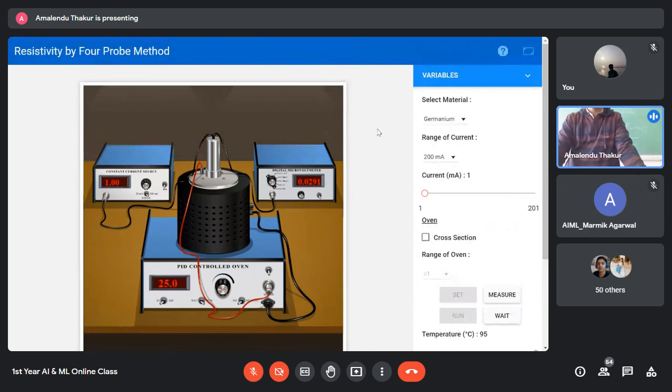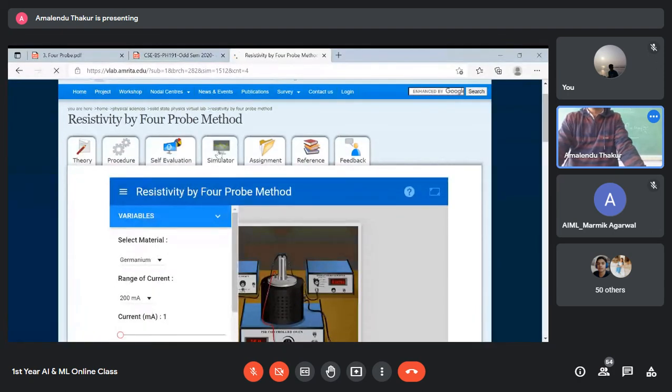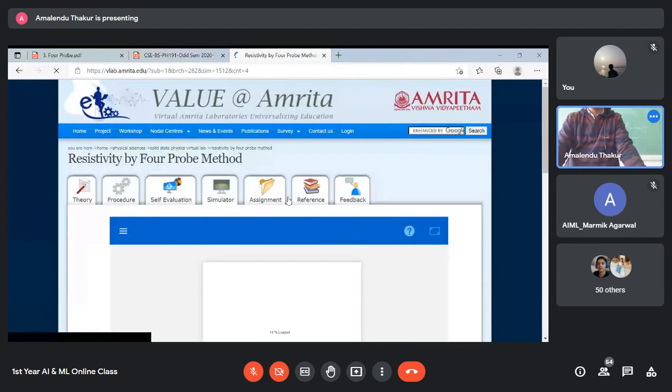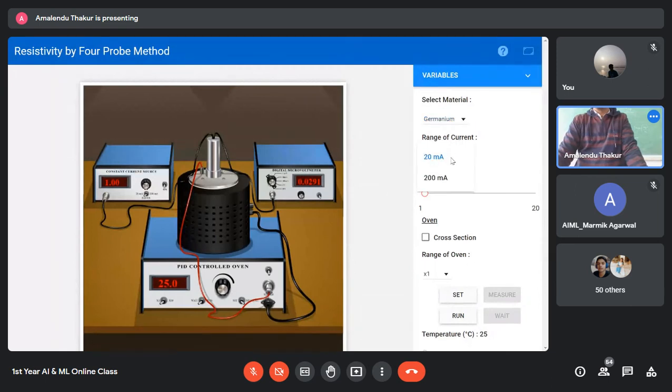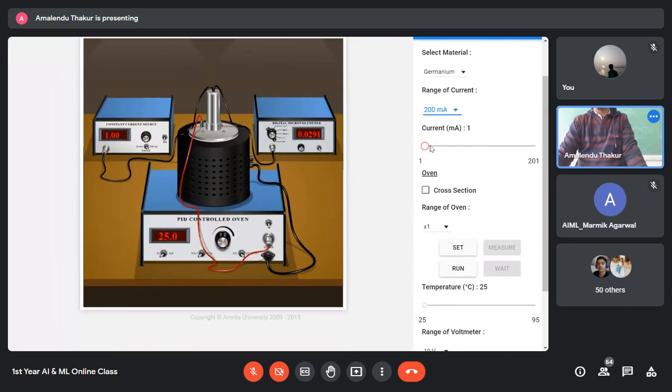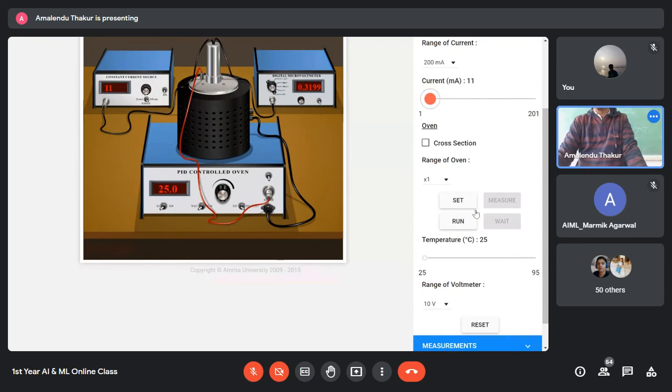Okay, students, I am doing it again from the beginning, I am discarding this one. You just wait, students, just a minute. Now it is okay.